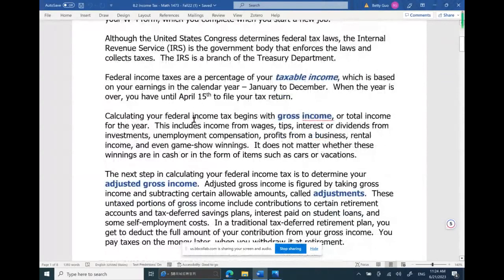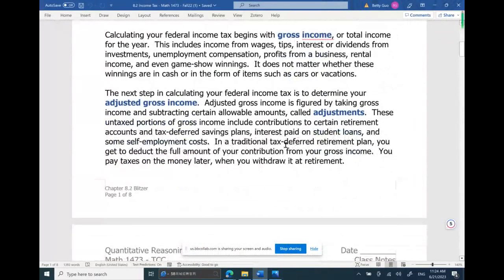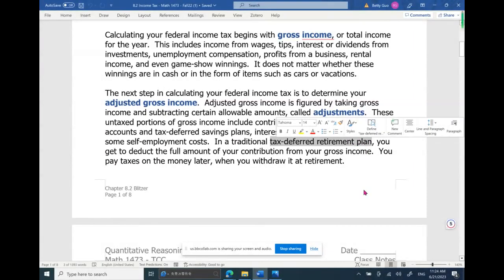Something I want to point out is tax deferred accounts, such as a tax deferred retirement plan or tax deferred health plan. Those plans assume that you make more money when you are younger than after you retire, when you get older. So when you are younger, you can put your money in the account, and you do not pay tax on the money you put in.